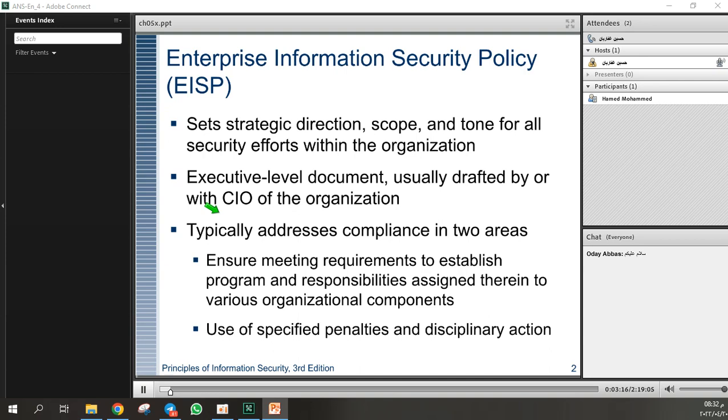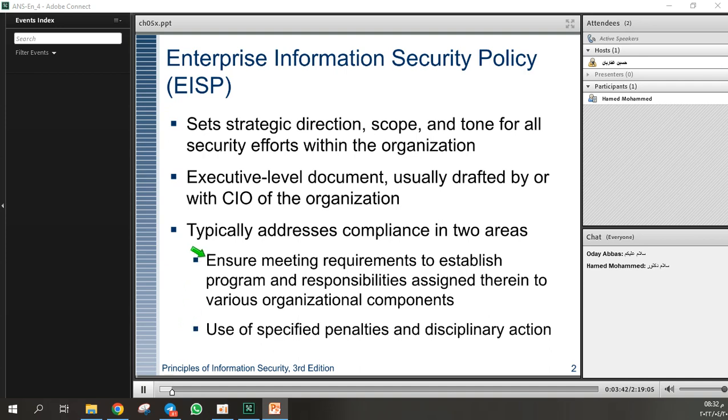But how can we address these issues? Planning for security, applying policies, and preparing necessary documents. How? We need to talk about complying in two different areas.